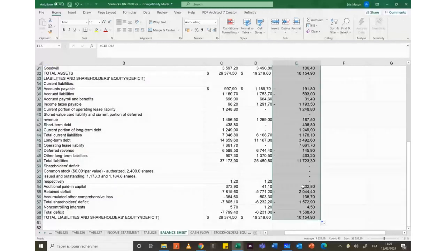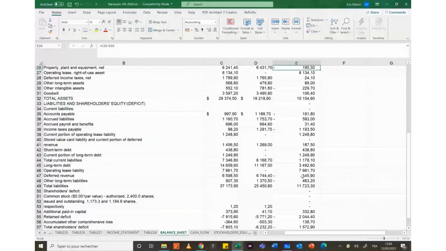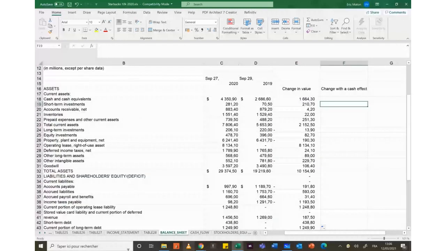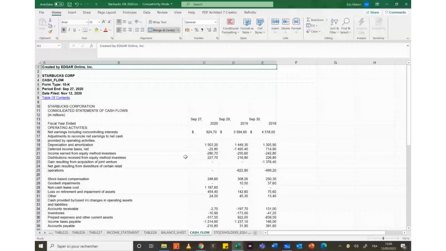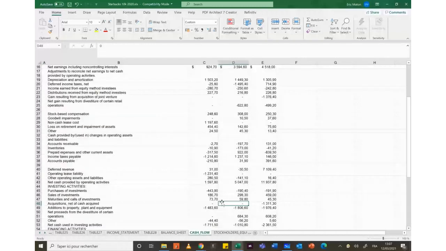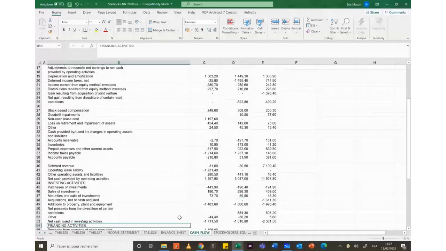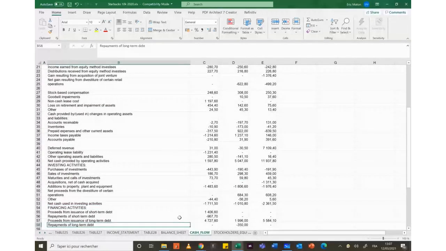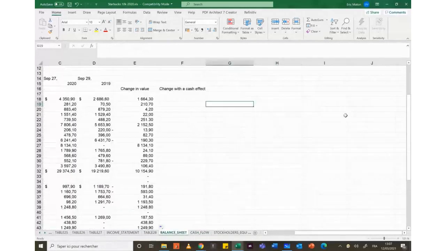You compare the change you have from the balance sheet with the information available in your cash flow statement. So you can explain different elements of changes here because of the investing activities and so on. And you try to explain why you have a difference between the two.